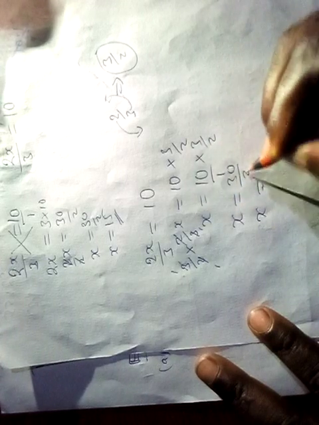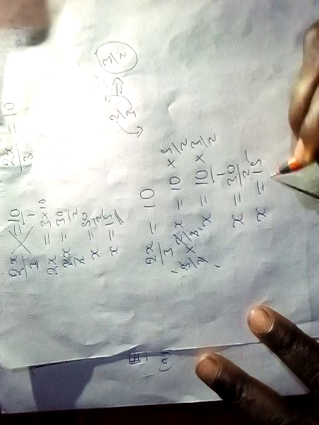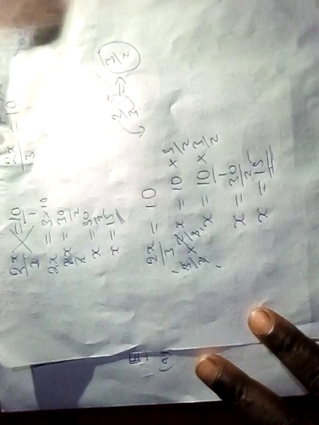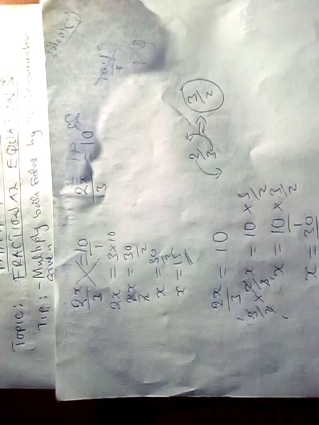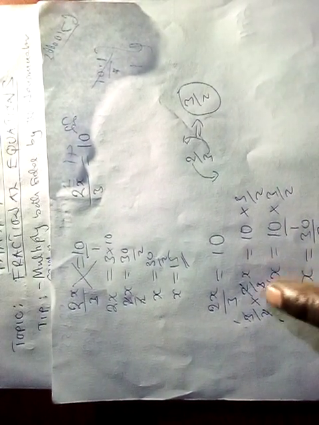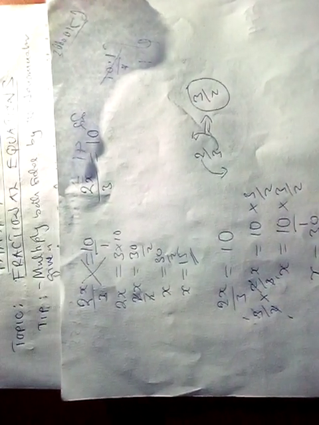So x is equal to 15. These are the three methods that you can use. Method 1 is the one that I showed you first, Method 2 is cross multiplying, and Method 3 is finding the inverse.